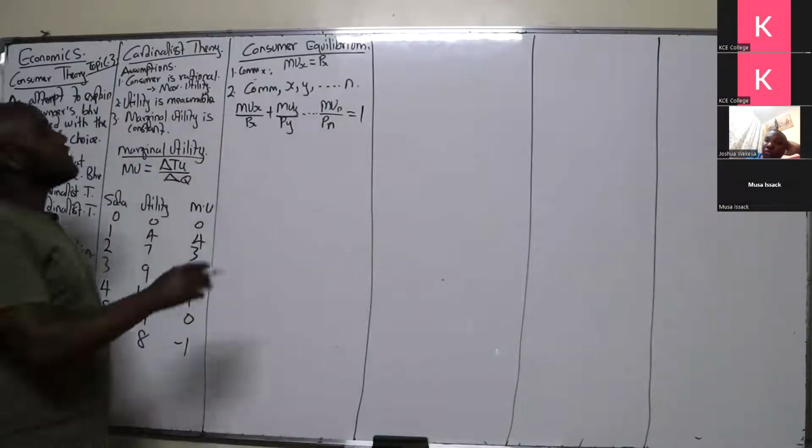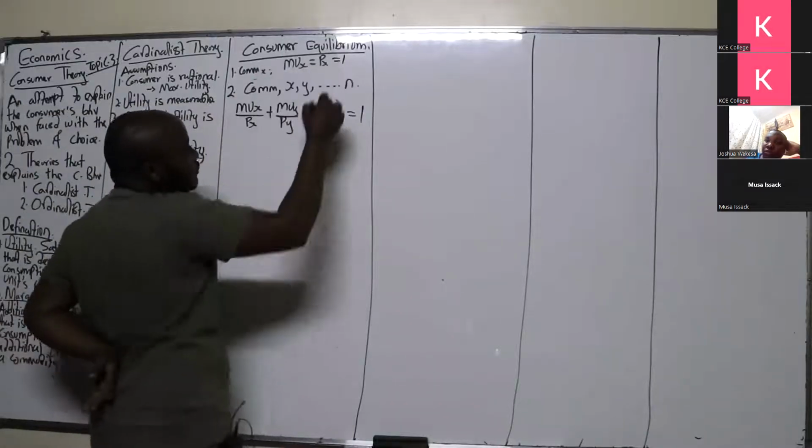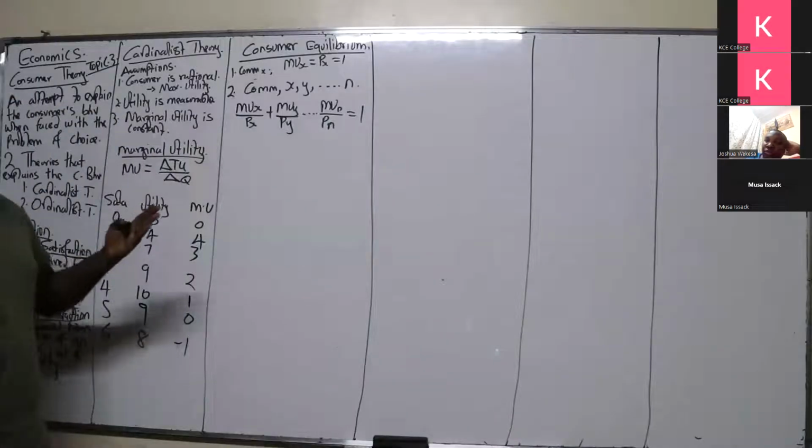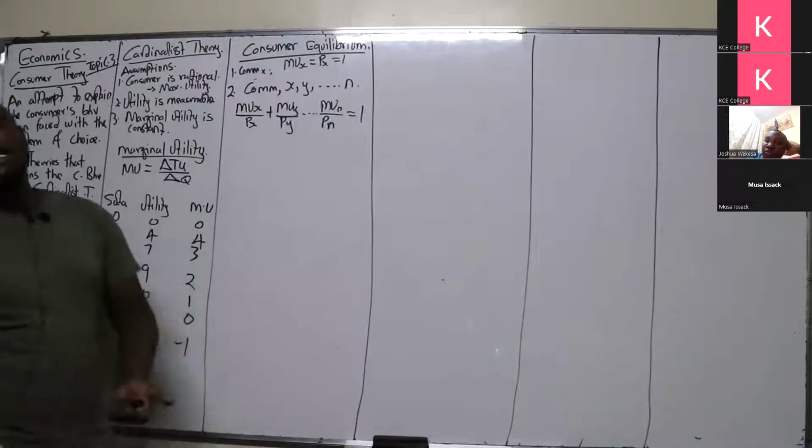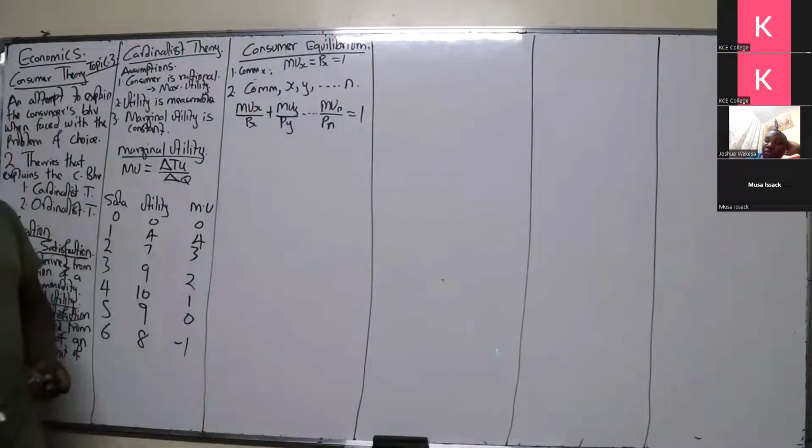Into this, it is equal to 1, whereby there is balance of your satisfaction and the price that you have.